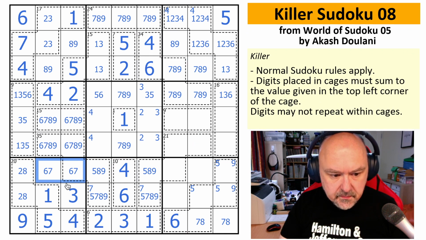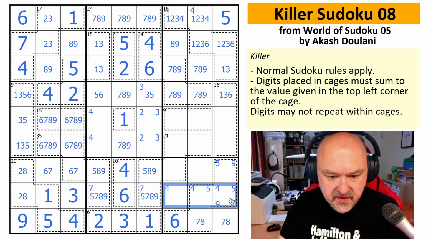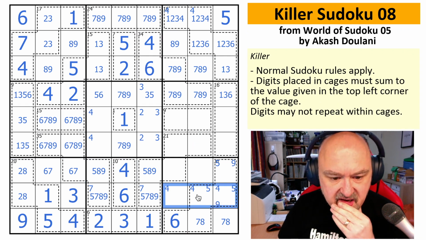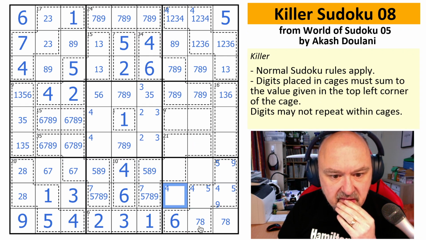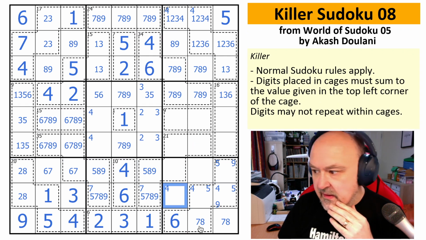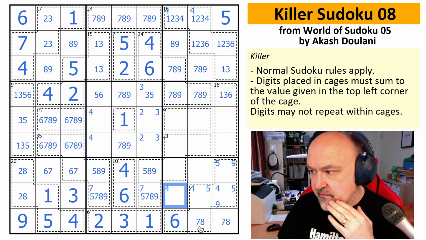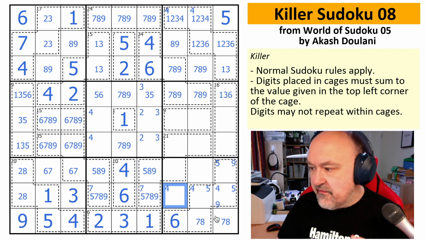It seems to have been completely useless. I do need to put 4 in one of those 3, but that doesn't force 4 into the cage. 4 still could go there. I don't think I can... Did I? I've narrowed this 16 cage down.